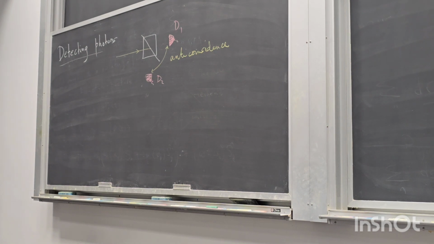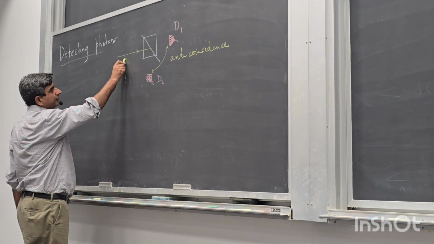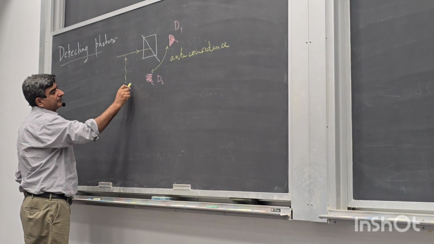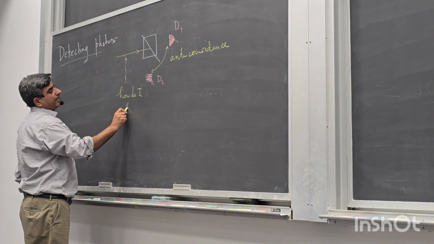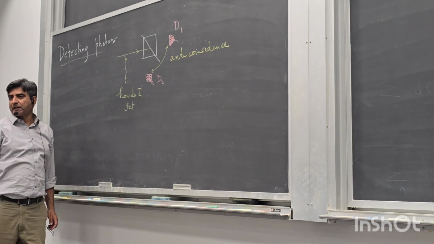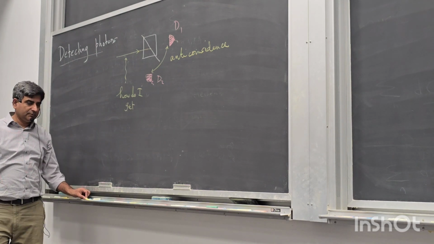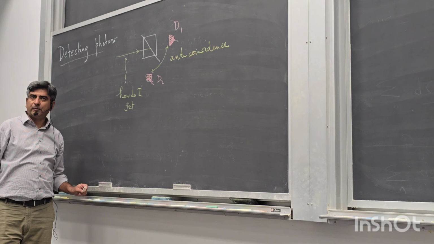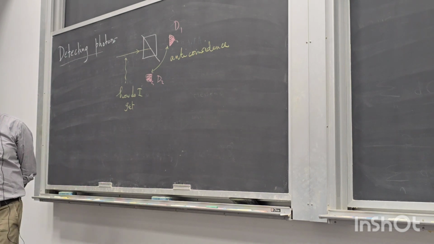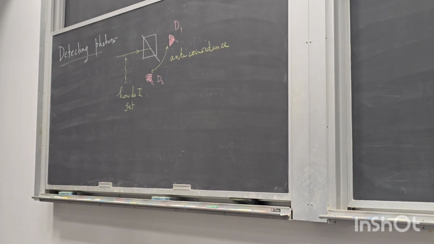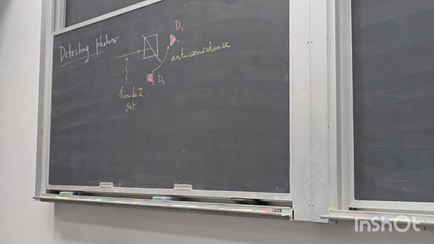Now how do I get these single photons? How to get single photons? One technique is spontaneous down conversion. So if I have coherent light, we've seen these statistics of coherent light. The statistics follows a Poissonian distribution.